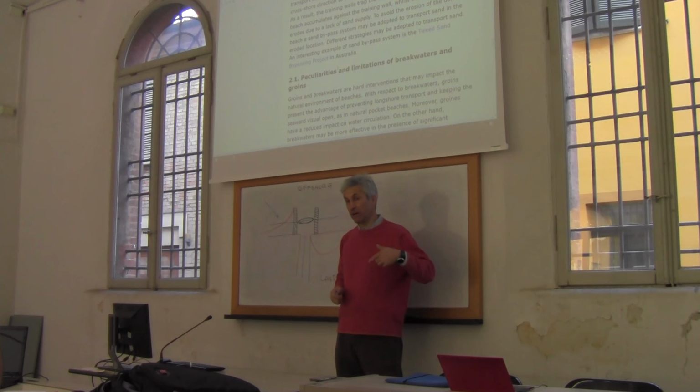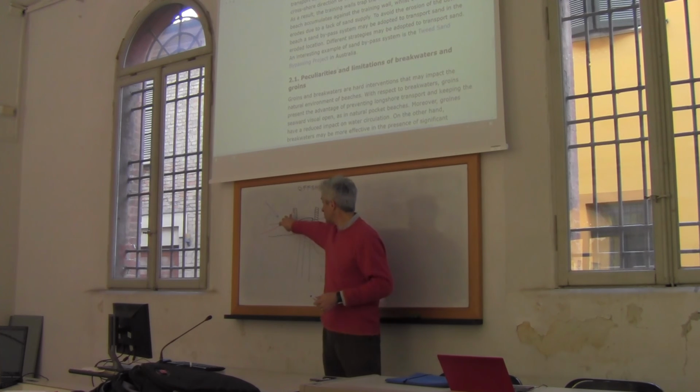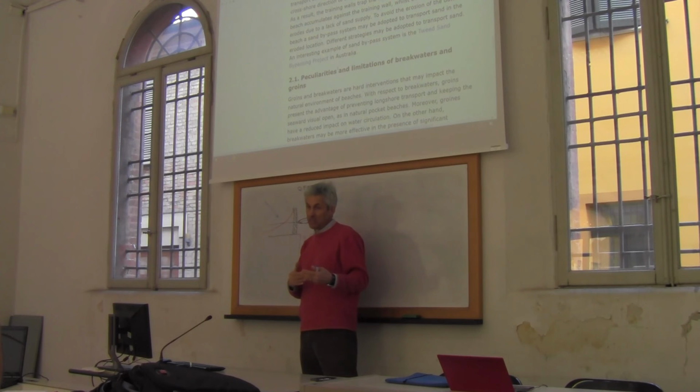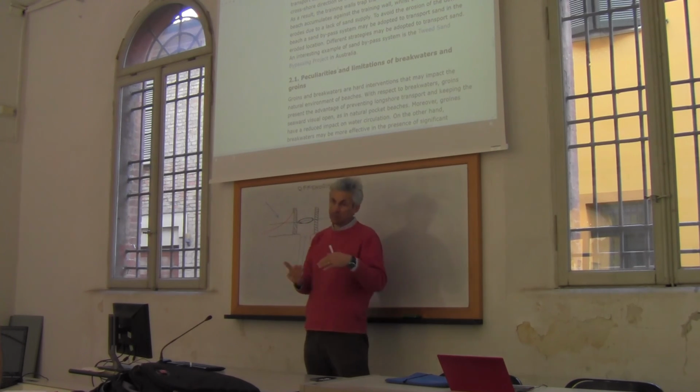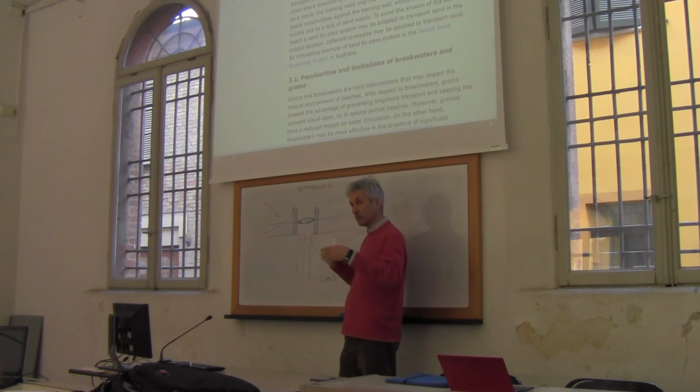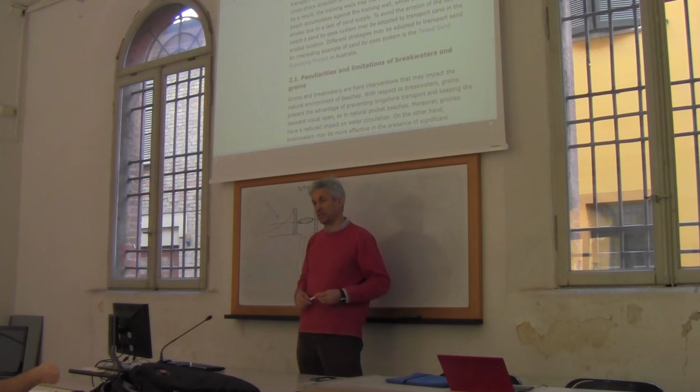There is a pump pumping water from here, water with a lot of sand, because they pump the water very close to the coastline. The fluid is a two-phase fluid, sand plus water, pumped here, and they restore the original configuration.